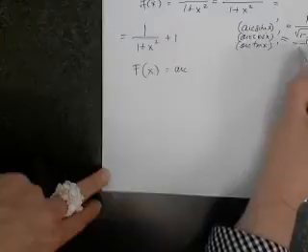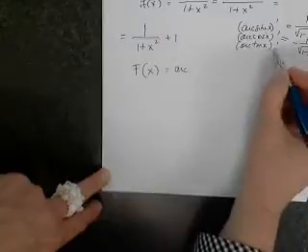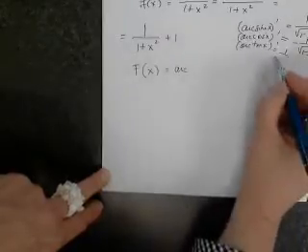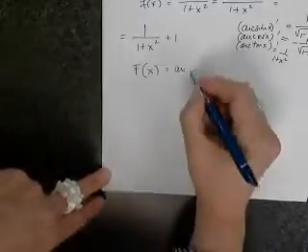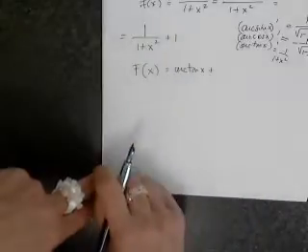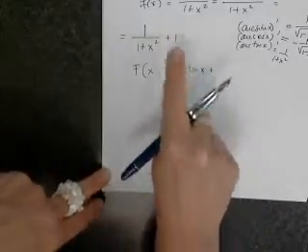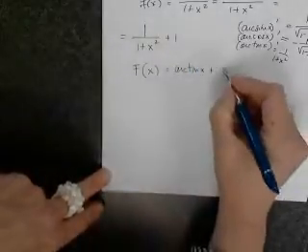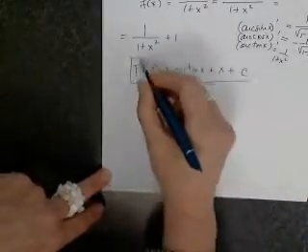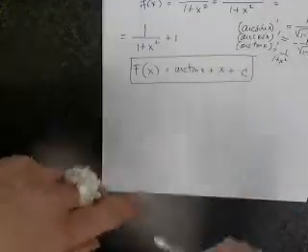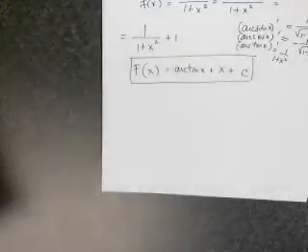This is negative 1 over the square root of 1 minus x squared. And this is a very important function, 1 over 1 plus x squared. So it's arc tangent x plus C. This is the most general antiderivative of the given function 2 plus x squared over 1 plus x squared.